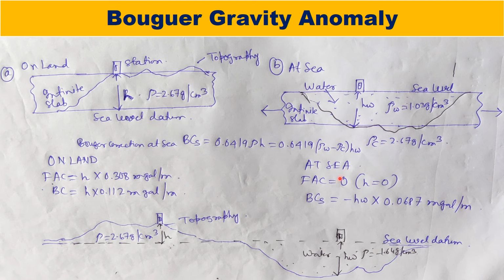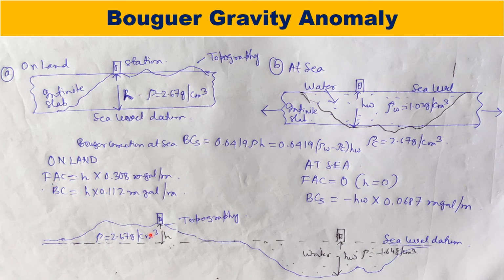The free air correction is 0 because there is no height h. If we assume hw, then the Bouguer correction becomes 0.0687 milligal per meter. So a free air correction has to be added to compensate for the gravity loss, but the Bouguer correction on land has to be subtracted from the free air value to compensate for the extra gravity.